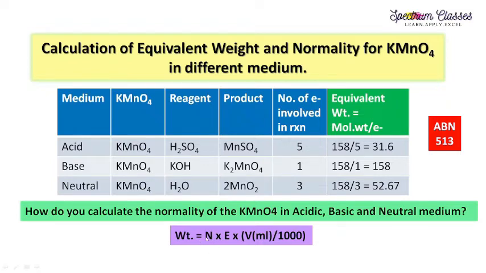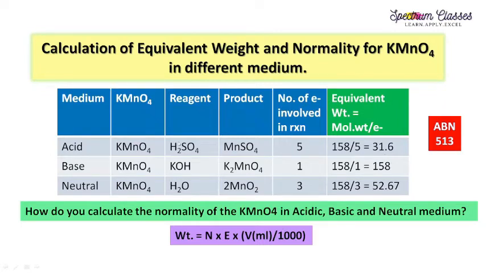If you want to prepare a solution of a given normality, you can easily calculate the weight. If you want to prepare 0.1 normal solution of KMnO4, then what weight I have to weigh, you can calculate by this formula. Here N is the normality which you have decided. E is the equivalent weight which we can take from this table for different mediums.